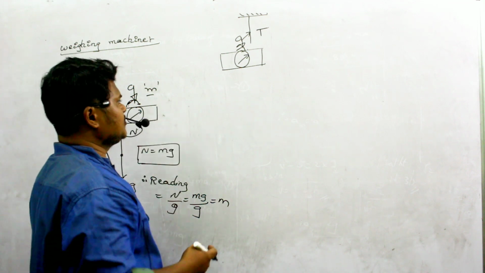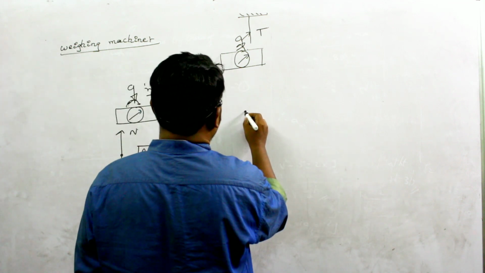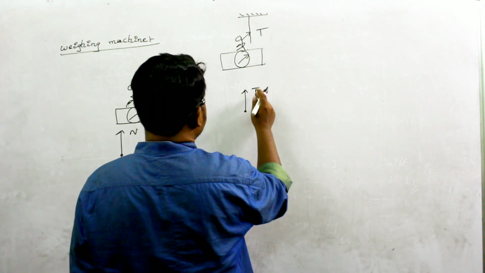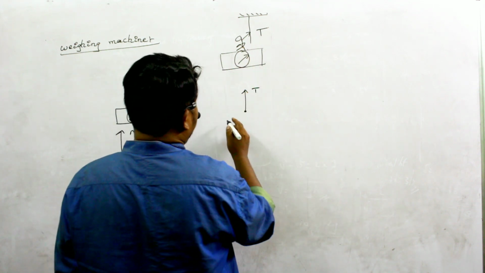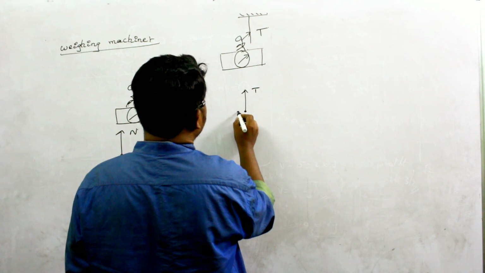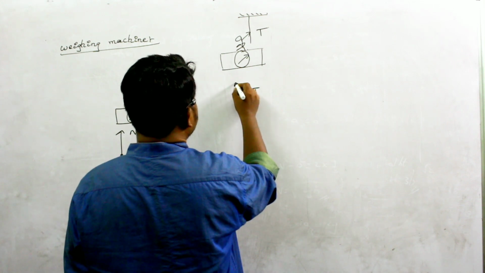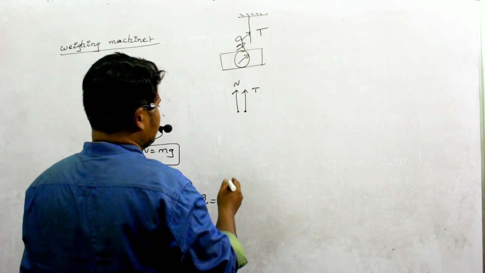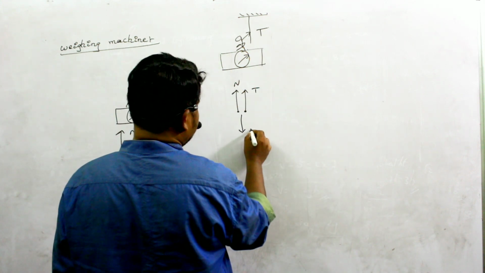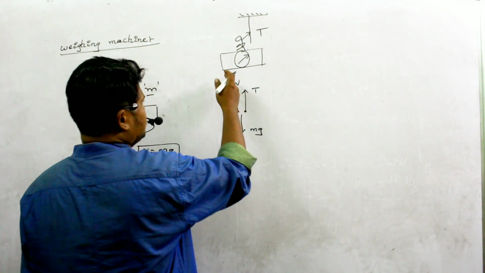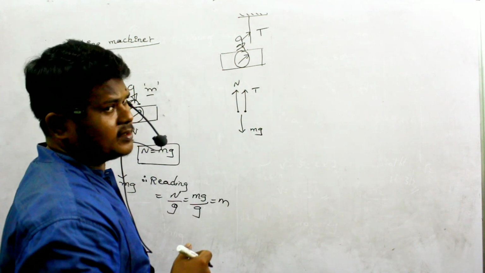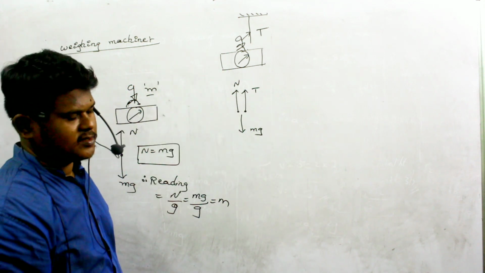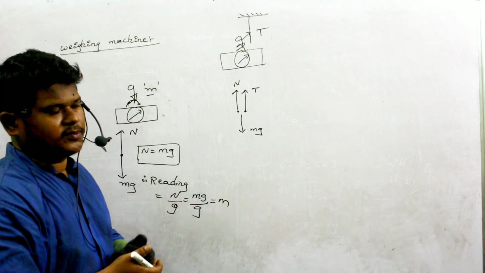Now here if I draw the free body diagram of the man, then this tension T which is developed in the string is pulling the person upwards, and a normal reaction is pushing the man upwards. The normal reaction given by the weighing machine on the person will always be upwards, and the weight of the person mg is acting downwards. So as he is just holding this string, definitely I can say again the total system is in equilibrium. Acceleration is 0, velocity is also 0.